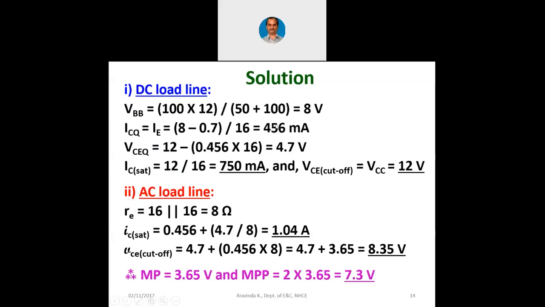Let us say I consider this ICQ as 0.5, just for the sake of our idea of the power rating of the transistor. Let me consider this as 0.5 amperes, and let me consider this as 5 volts.